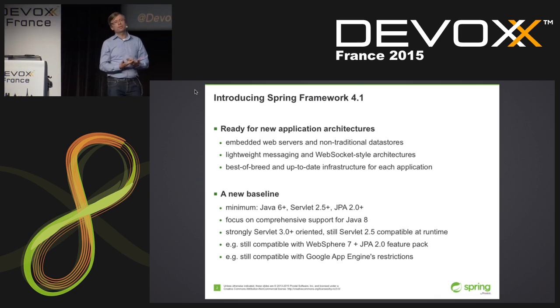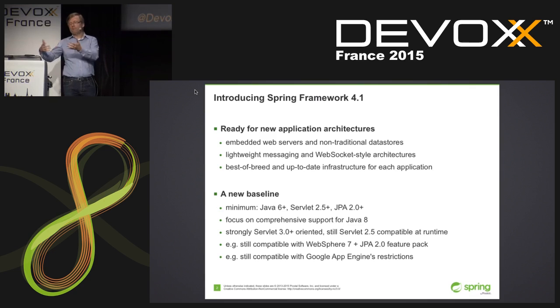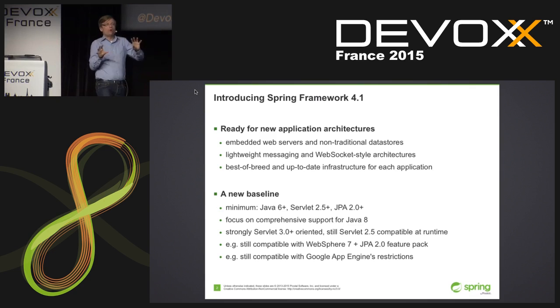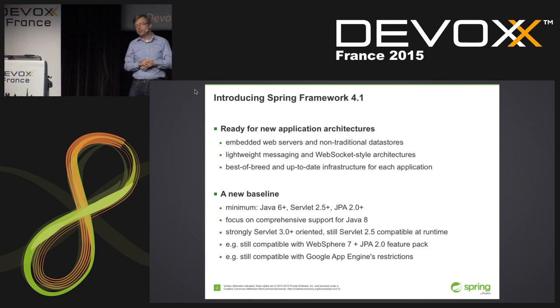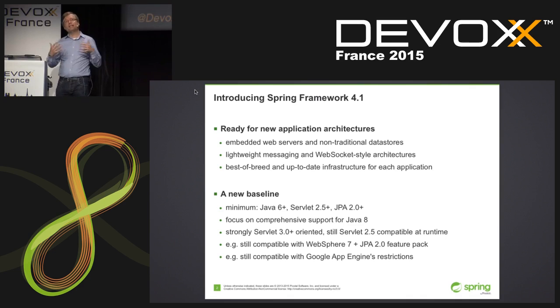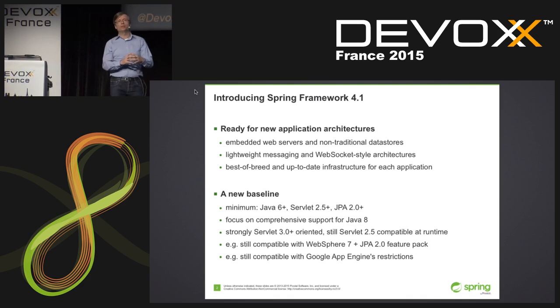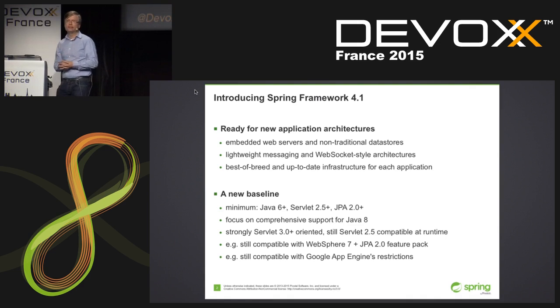But it also adapts to any given runtime infrastructure. If you're deploying to WebSphere 7, Spring Framework 4.1 auto-adapts to what WebSphere 7 can do for you. We're trying to get the maximum out of the runtime infrastructure that we're being deployed on. So you're getting the most out of what you have, basically.